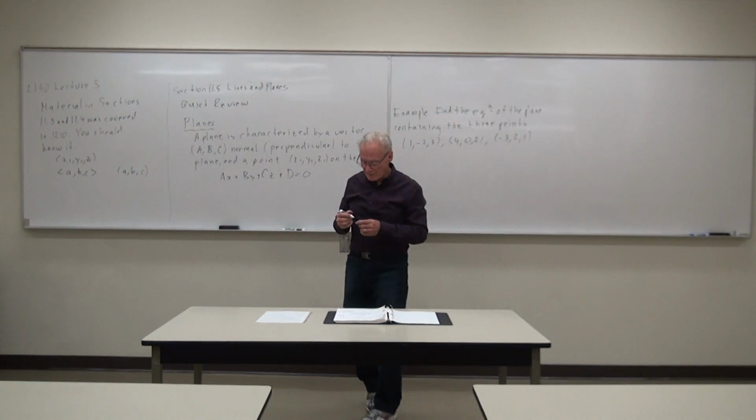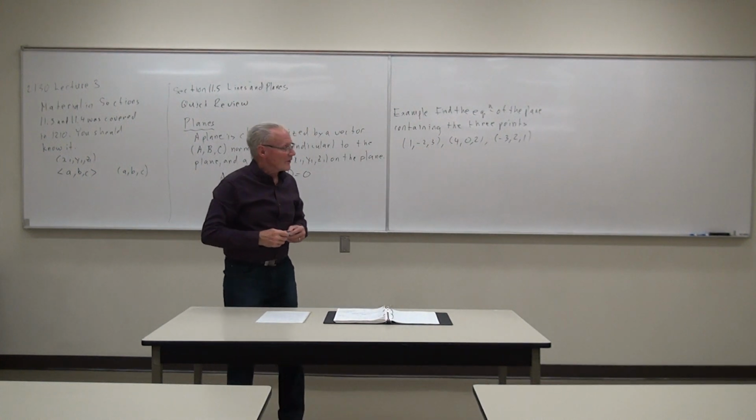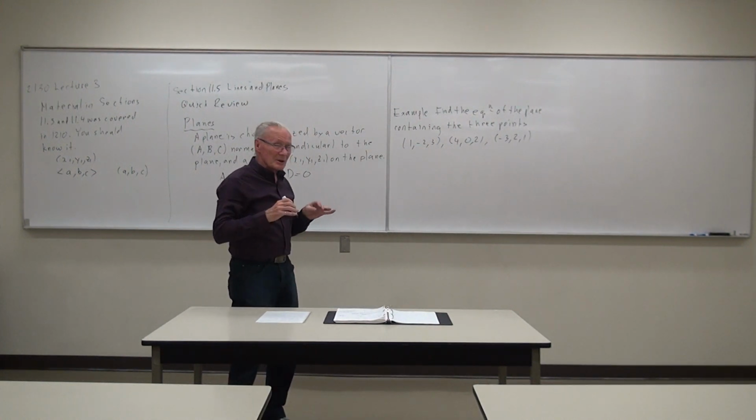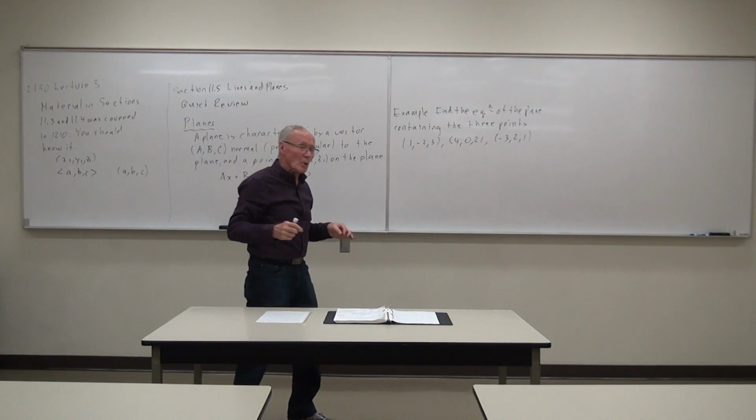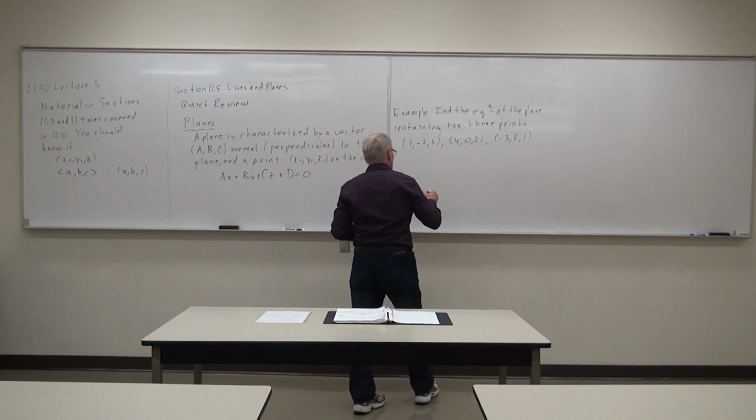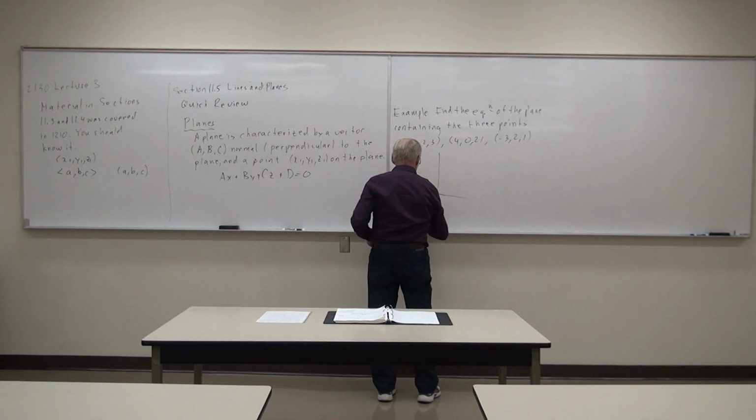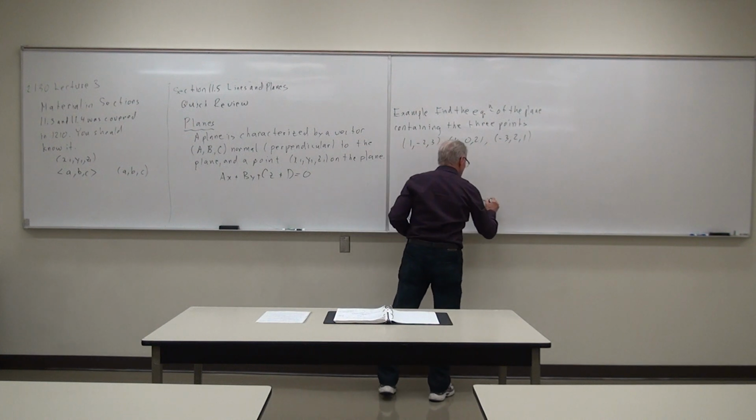I think you will agree, based upon 1210, that 3 points, as long as they're not collinear, will determine a plane. So we made a diagram, even though we probably don't need it.